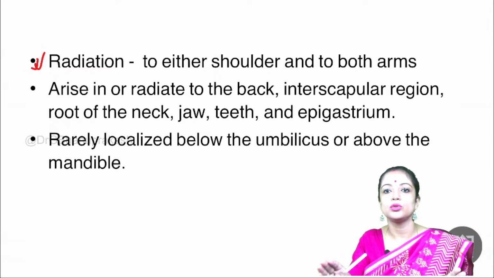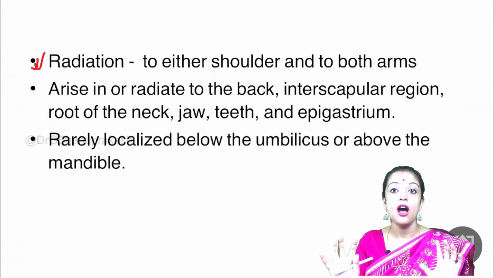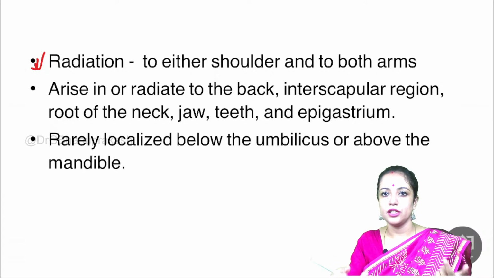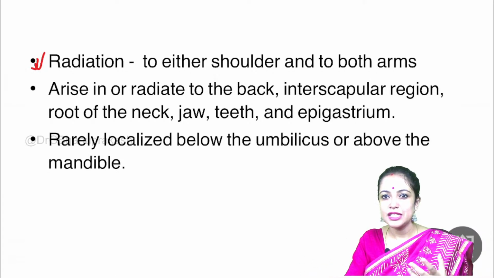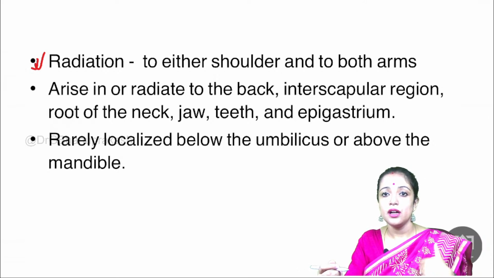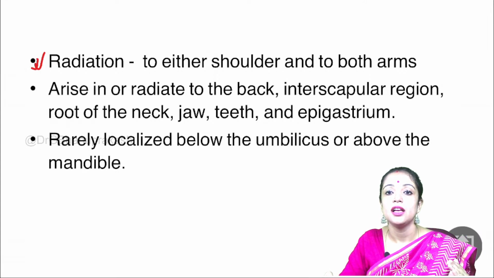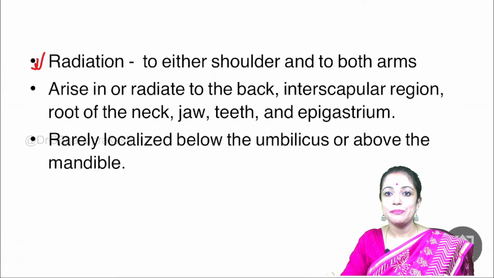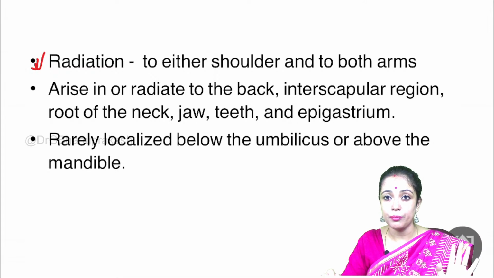Sometimes the patient will also complain of tingling and numbness in the fingers. So your patient will come with a typical squeezing, constrictive chest pain, along with radiation along the ulnar border of the forearm and hand. Sometimes it may even radiate to the upper back or the interscapular region.